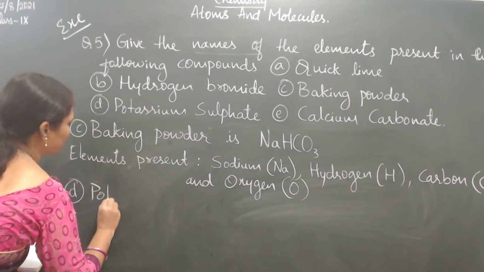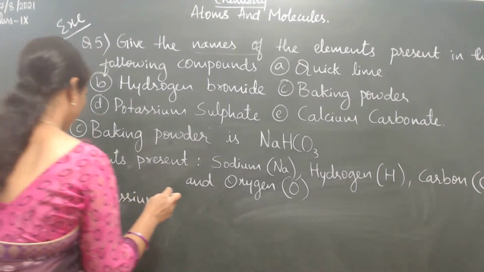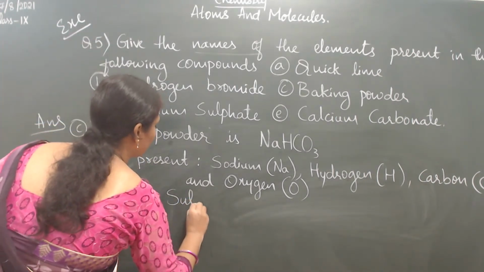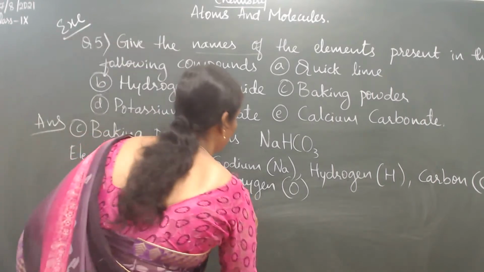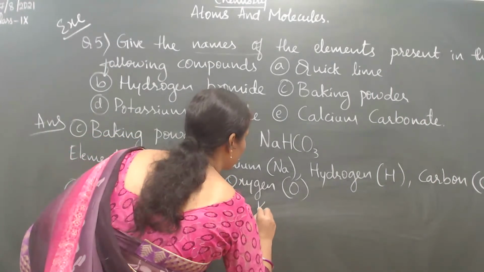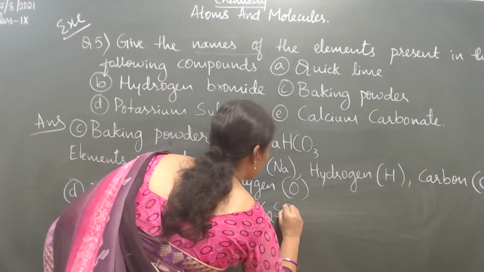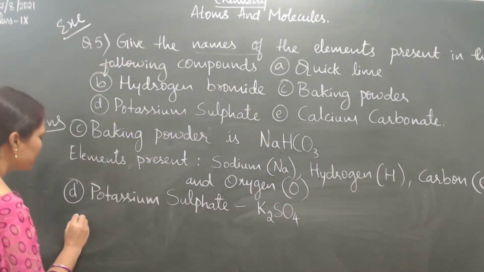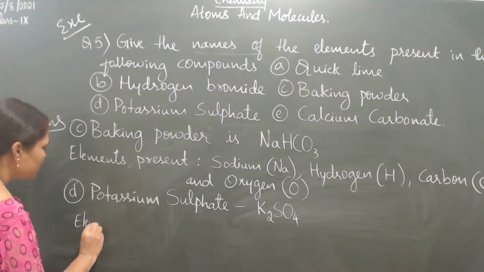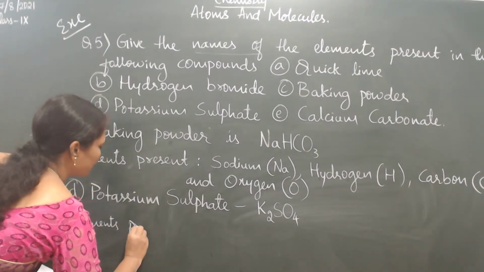Then potassium sulfate. Here the chemical formula is K2SO4.